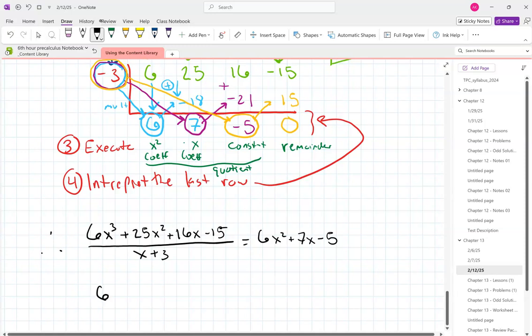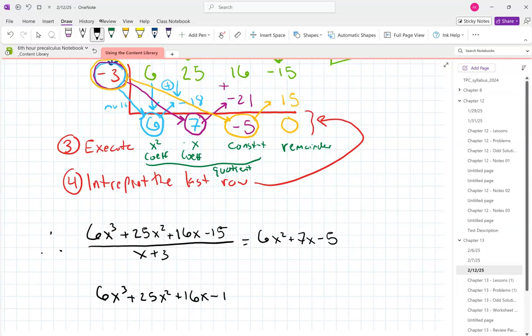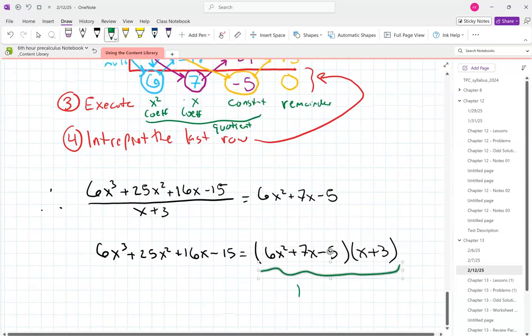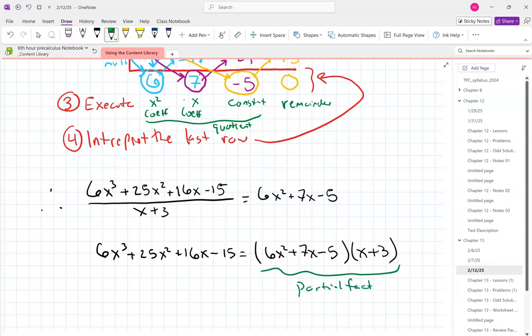And if I multiply both sides by x plus 3, what I have now is a partial factorization for my polynomial. Right?